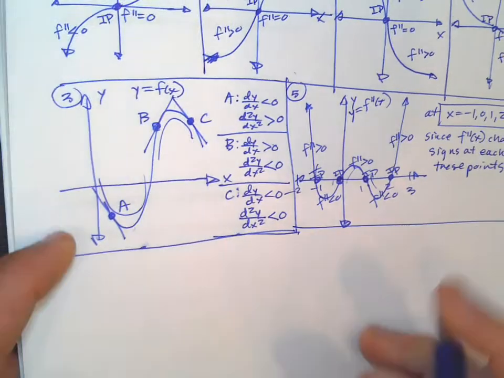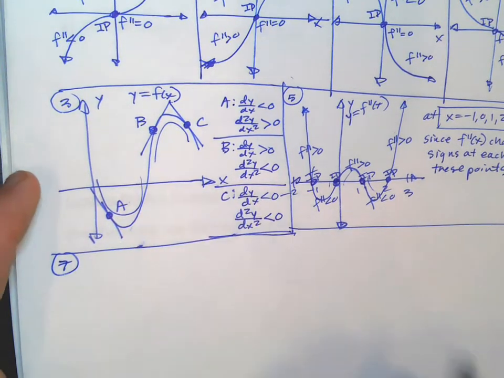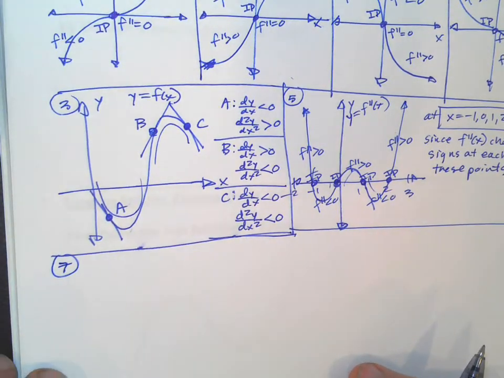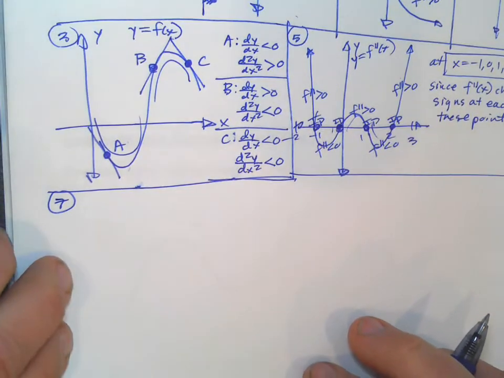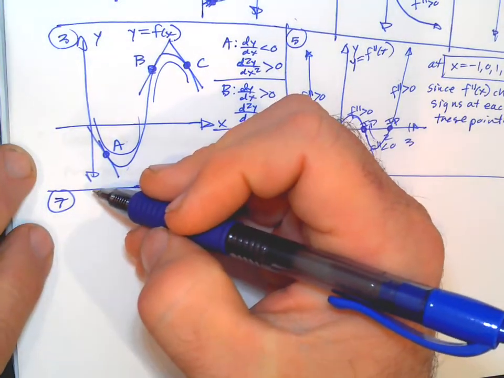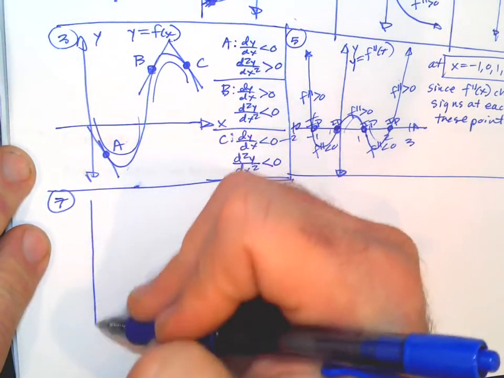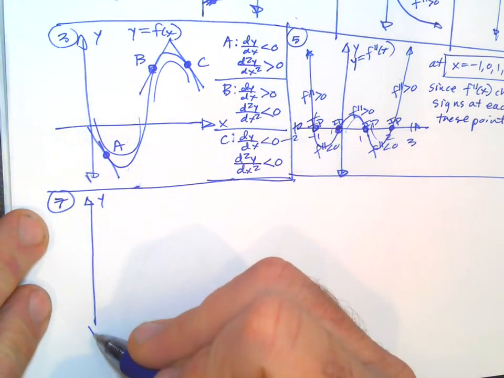Okay, number 7 says to use the graph in the accompanying figure to find the requested information. So kind of a similar thing. They give you a picture of a graph. I'm going to sketch it real quick.